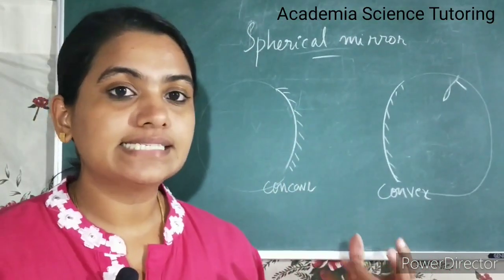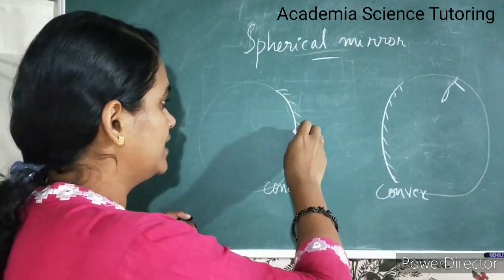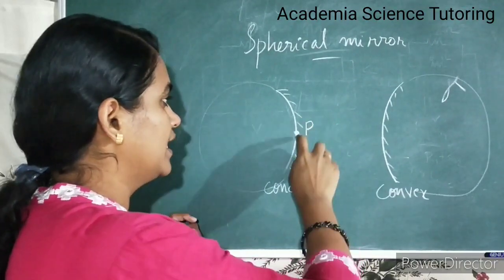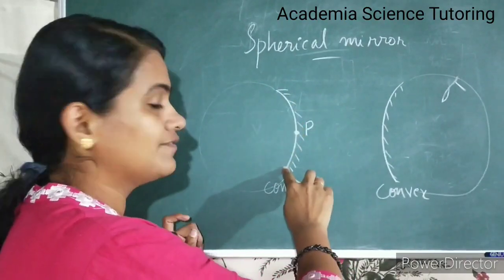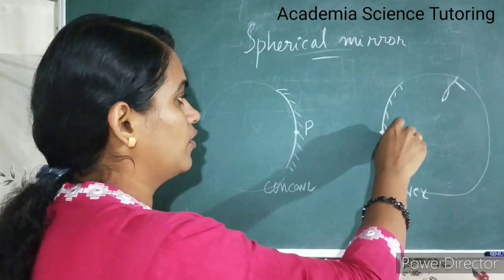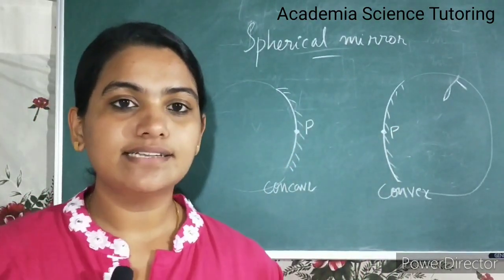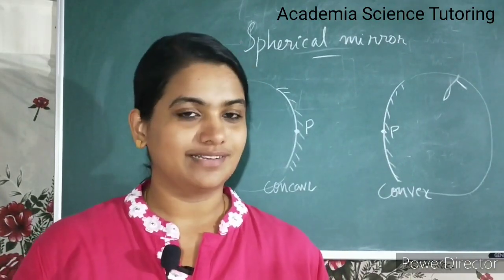Pole is the center of the mirror. If this is the mirror, then the pole is represented by the letter P. It is the center of the mirror and it lies on the surface of the mirror. So here this one will be pole P.